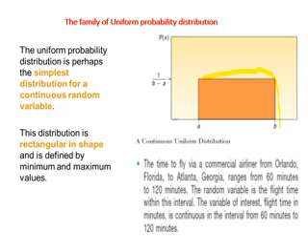For example, the time to fly via commercial airline from Atlanta to Greco ranges from 60 minutes to 120 minutes. The variable of interest, flight time, is in minutes, so it's a continuous interval from 60 up to 120.